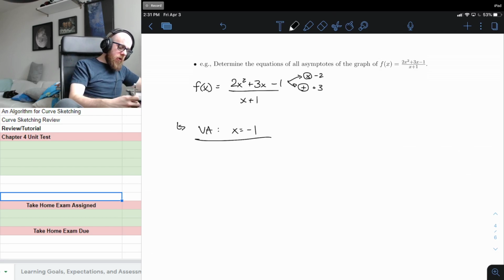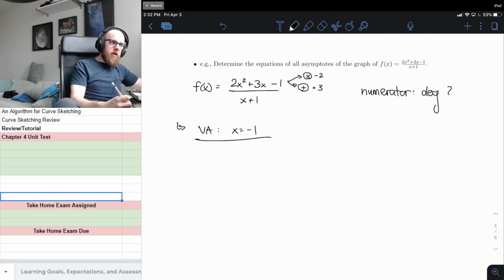But one thing we have to note, if we look at our numerator here, our numerator has a degree of 2, right? Because it's a quadratic polynomial. Our denominator has a degree of 1, okay?